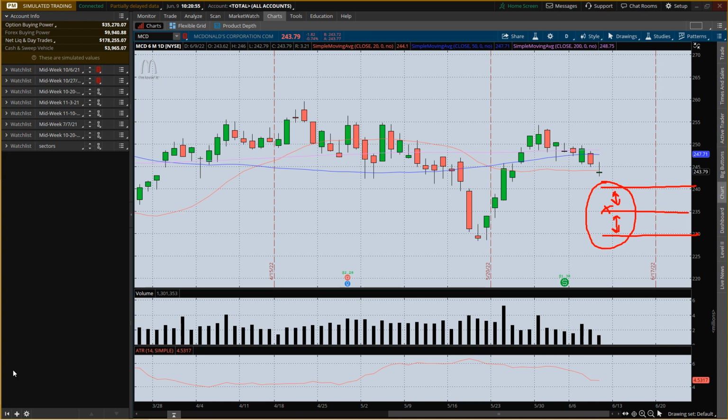Now, if you wanted to go nuts, folks, which I'm not going to do, but hey, let's talk about it. We could go all the way out to, and I've got a lot of traders that like to do this. A lot of coaching sessions I have, traders love to use support and resistance levels. So 235 is their landing zone, but they might see support down here at 225. Now that's right, $10 here.